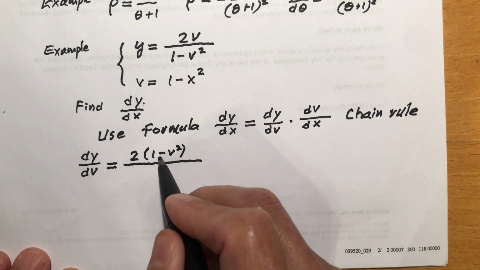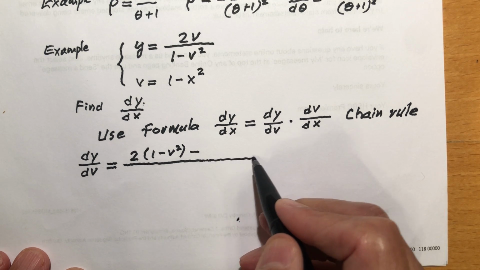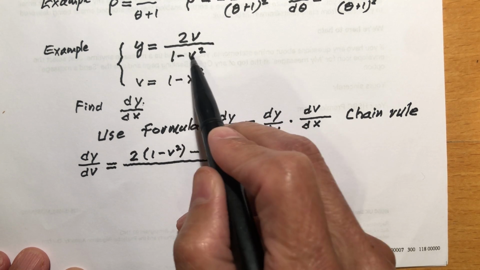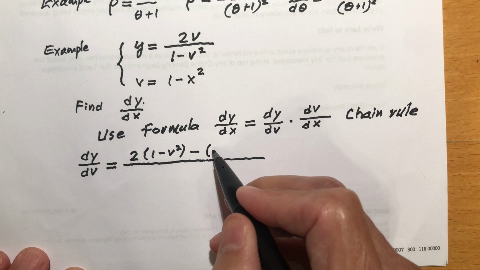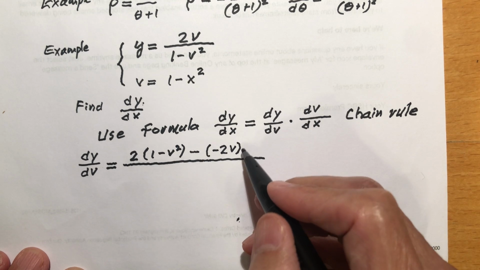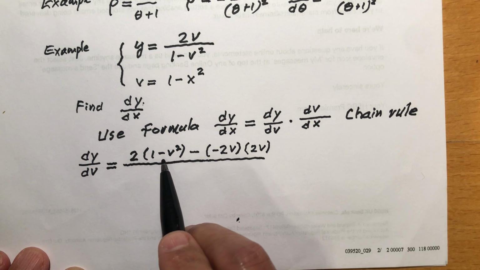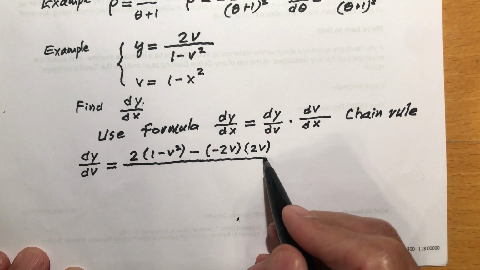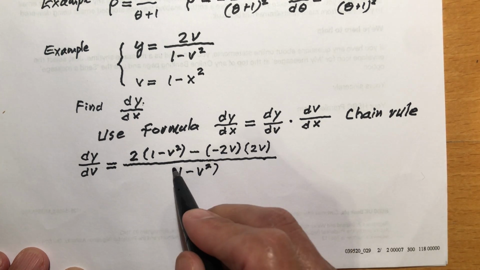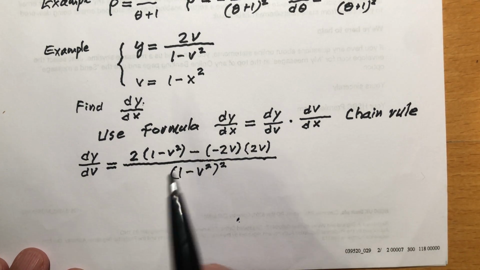This is u prime v, then minus v prime u, the derivative of this, which is negative 2v. The derivative of this multiplies the top. So u prime v minus v prime u divided by v squared. This is the quotient rule.